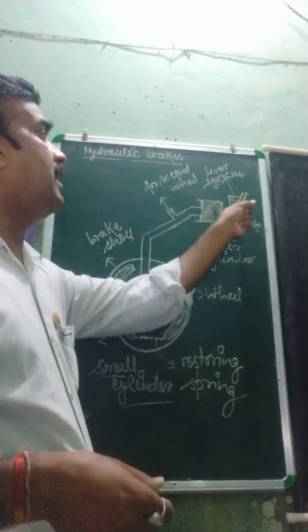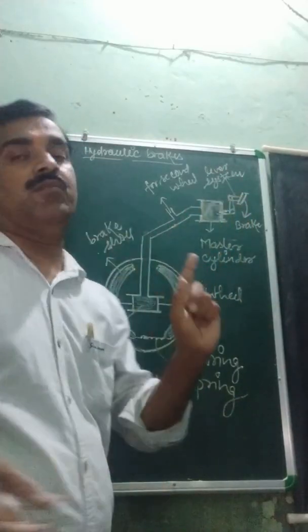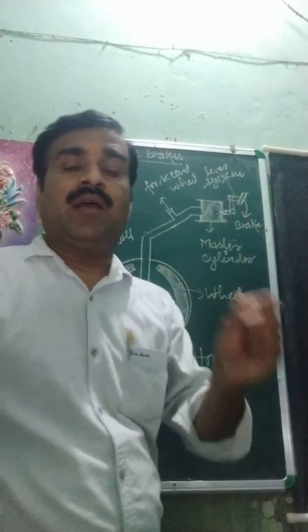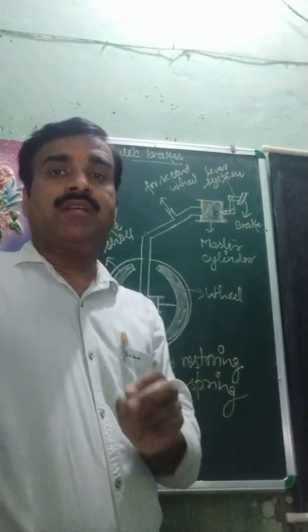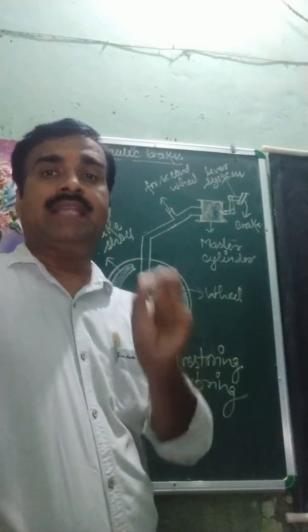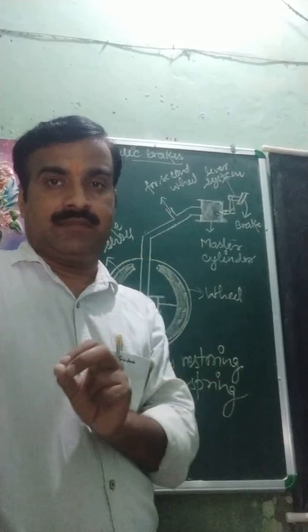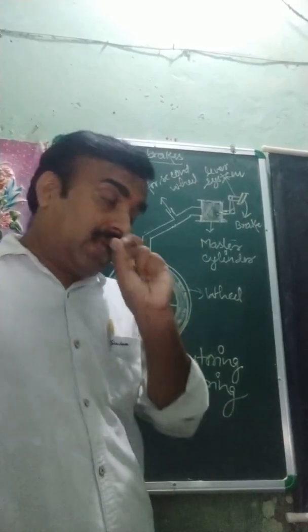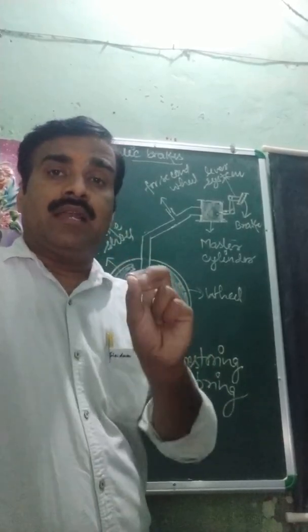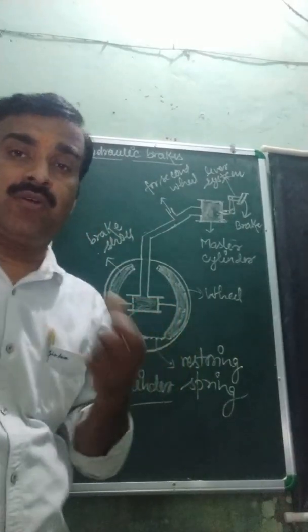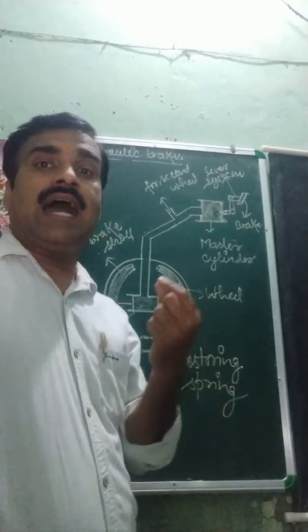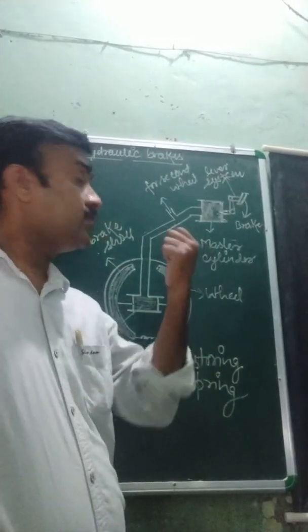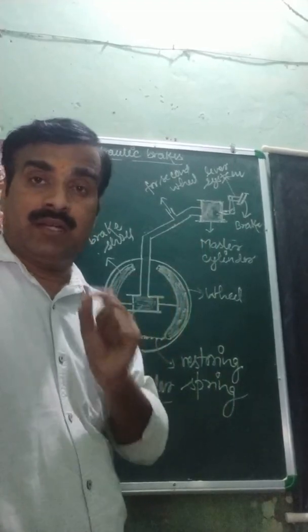Here it's a lever system. What is the role of the lever system? By the use of the lever system we can apply pressure onto the piston, just like in the hydraulic press you have seen, where I used the lever system.